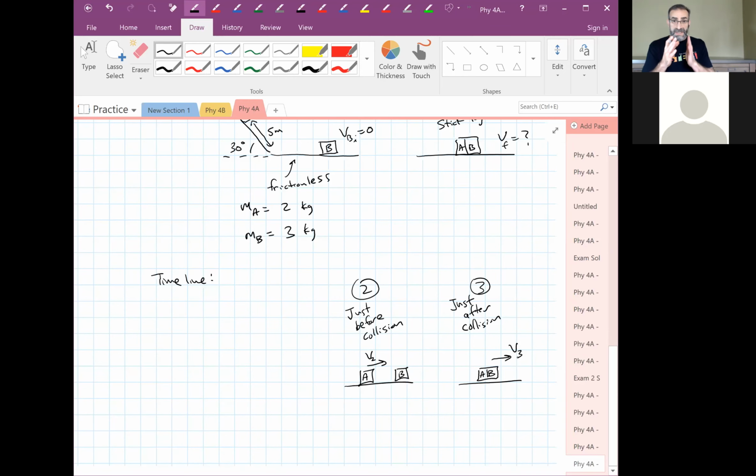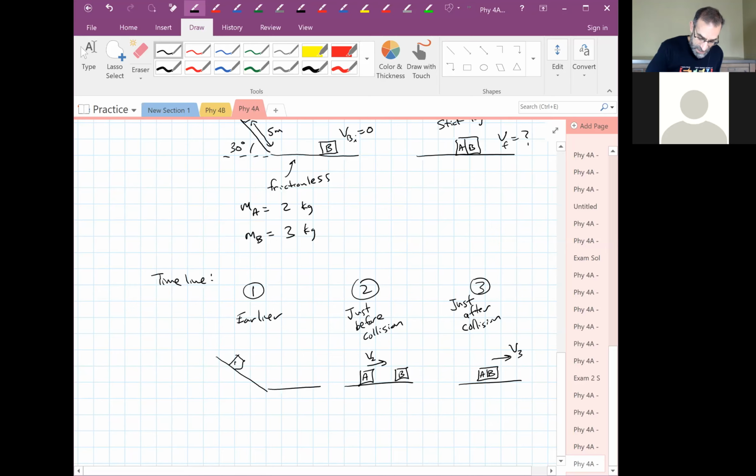Just before the collision, just after the collision. Now I say, well, what happens afterwards or what happens before? It turns out that something happens before that I need to consider. So I need an earlier time on my timeline, and I've got A sitting up here.